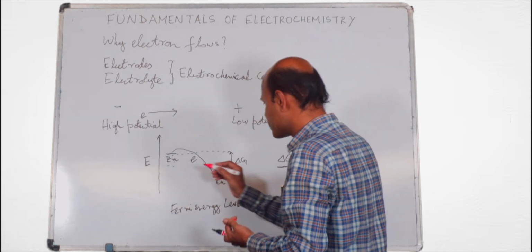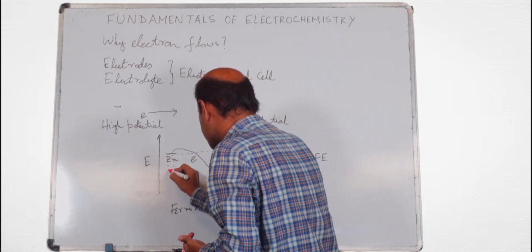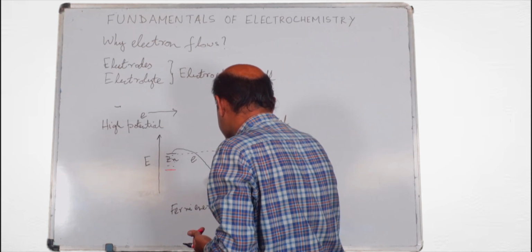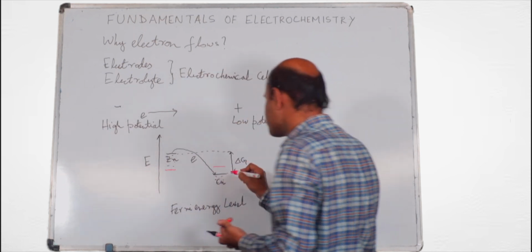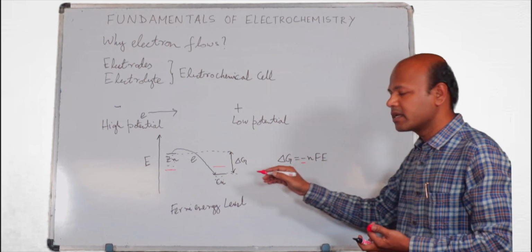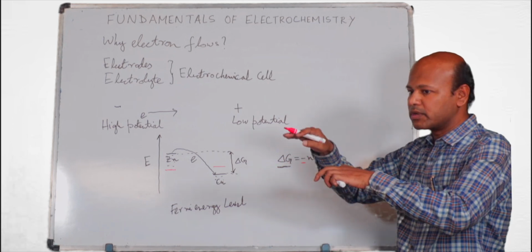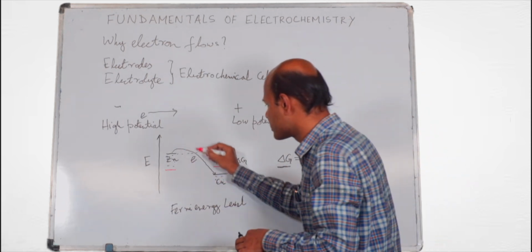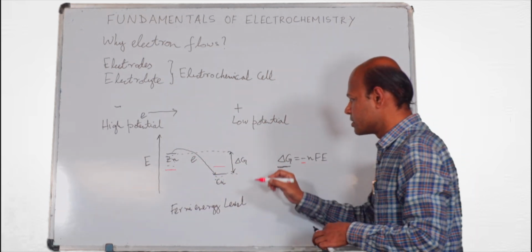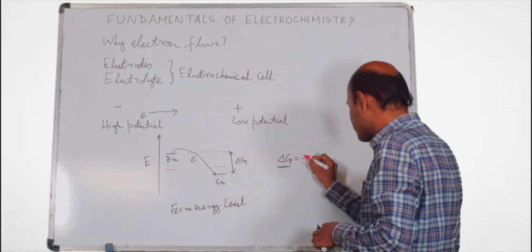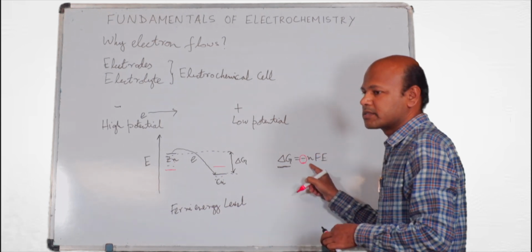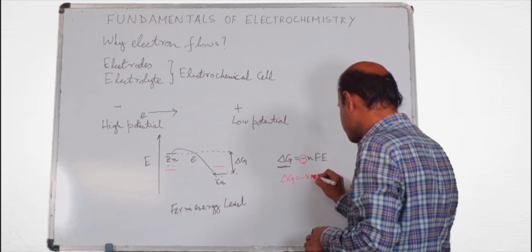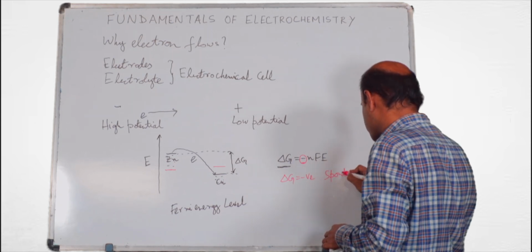Slowly, as we go on, the copper level rises because copper is getting filled up with electrons, and the zinc Fermi energy level decreases because electrons are getting lost from zinc. When delta G is negative, it is spontaneous. This you have to remember.